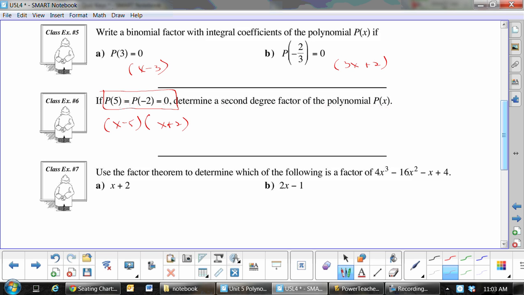Now I just FOIL it. x squared minus 5x plus 2x is minus 3x minus 10. Quick question. There it is. That is the equation that, if I put in 5, I get 0. If I put in negative 2, I get 0. They're roots. Those must be the solutions.